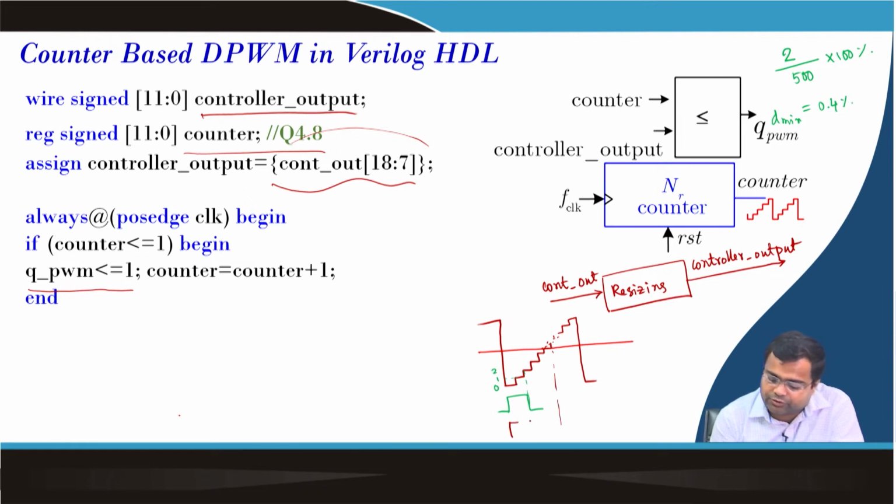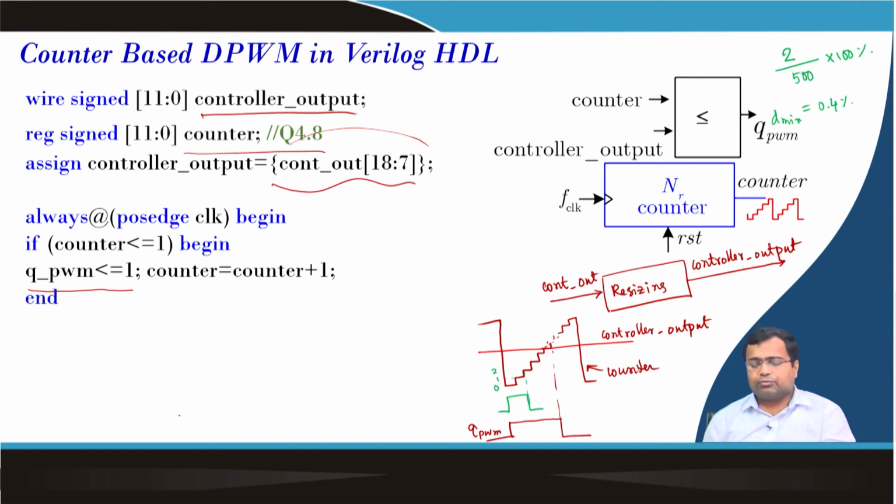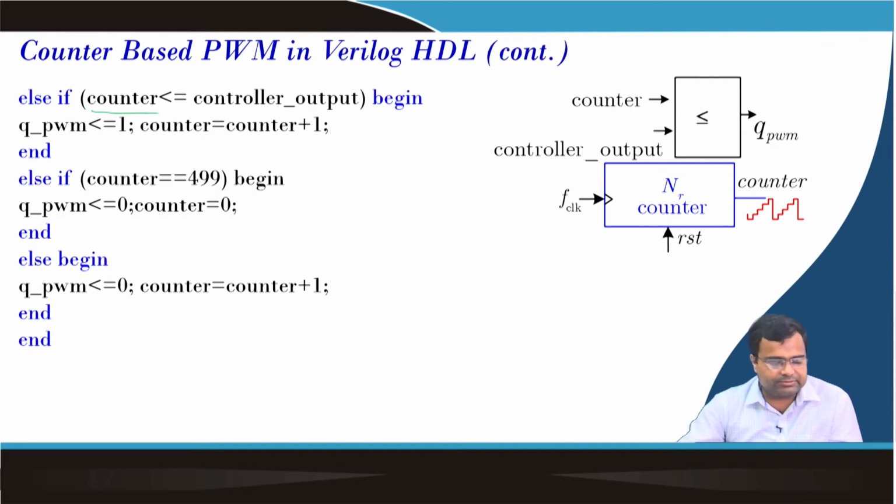So, this will be your Q, this is your QPWM. So, whenever the controller output, this is my controller output, and this is my counter output. As long as the counter output is below the controller output, the PWM signal will be high, when it crosses it will be low, and this is exactly what is meant for.